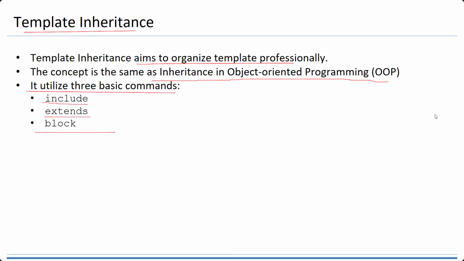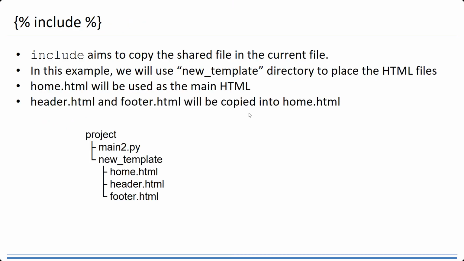Okay, so what are they? Let's take a look one by one. As you may know, we use curly braces. Double curly braces are for an expression or to call a variable.